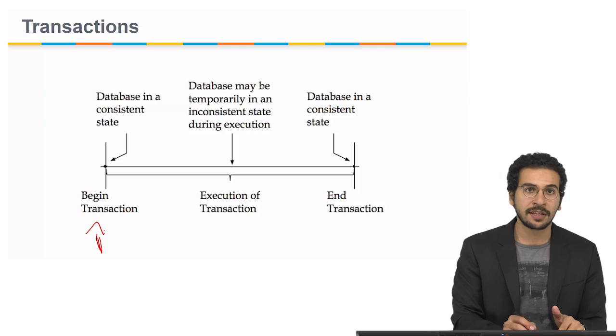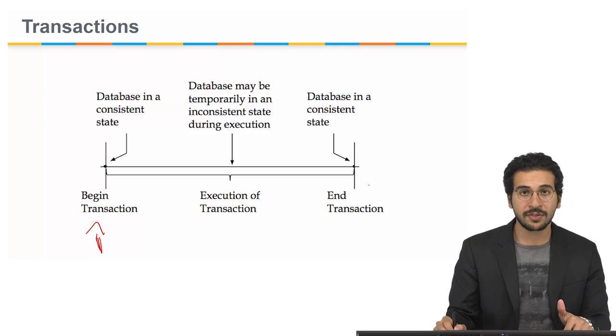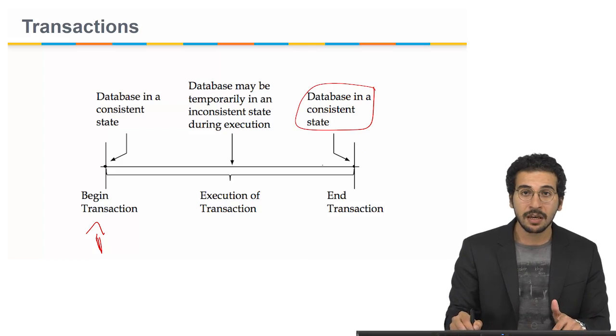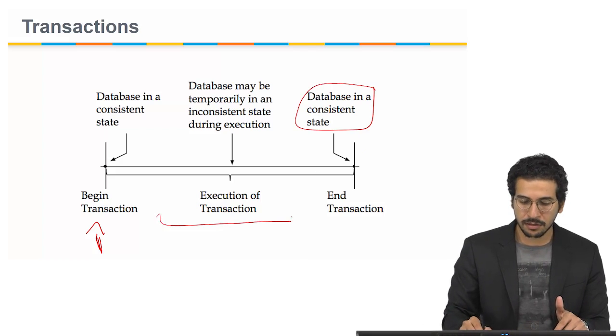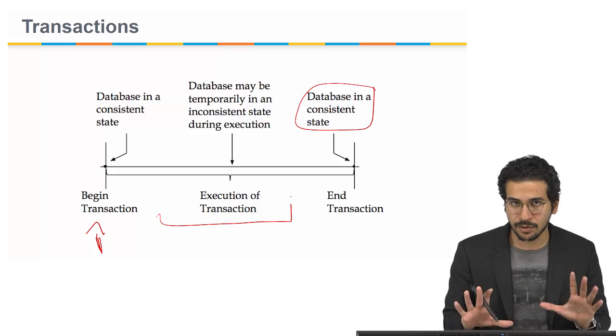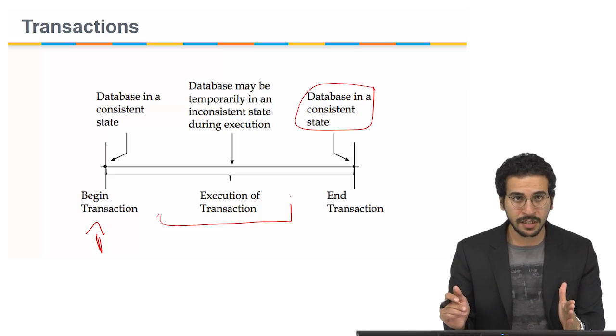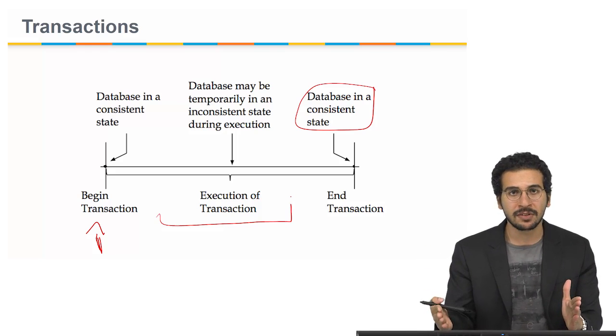The rule here is that once a transaction starts, till the transaction ends, it also leaves the database in a consistent state. In between, the database can be temporarily in an inconsistent state, which is fine, as long as we start in a consistent state and leave the database system in a consistent state.